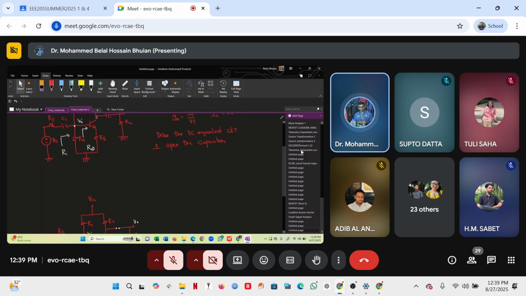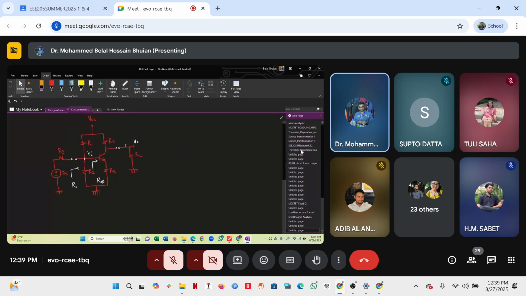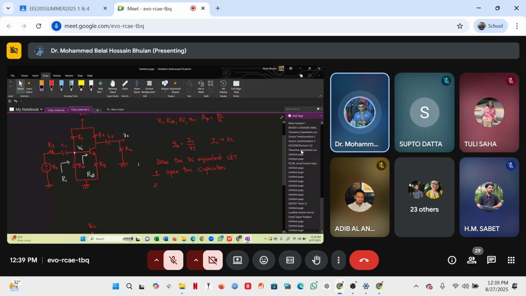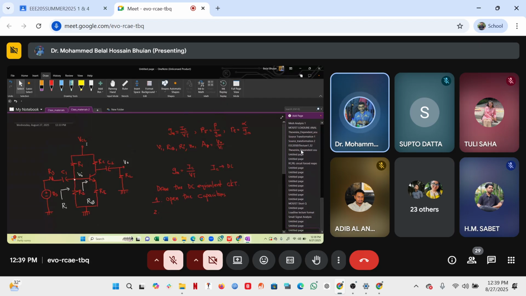Then second step, we apply the superposition theorem to remove the AC signal source. So we already know in an amplifier, we have to deal with both AC signal and DC signals. Now, if we want to find the effect of DC signal, we have to get rid of the AC signal.